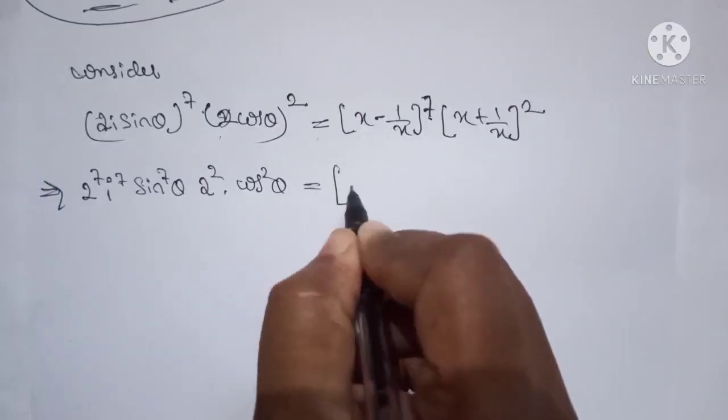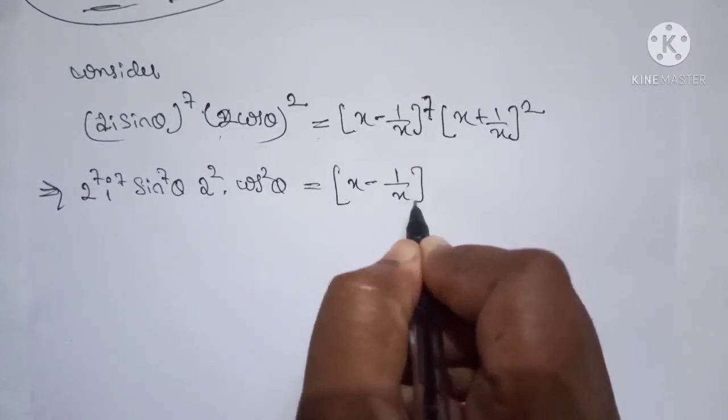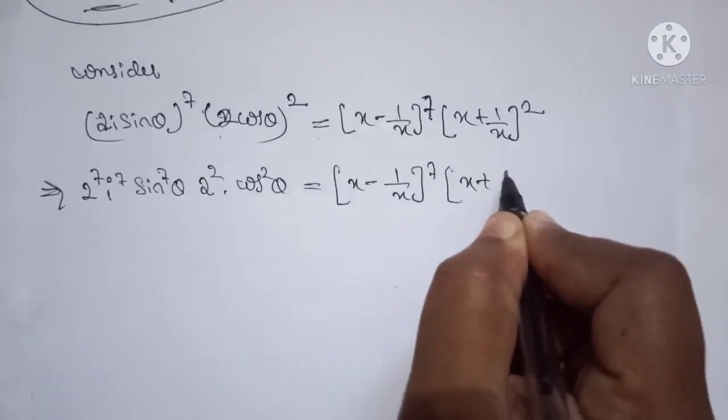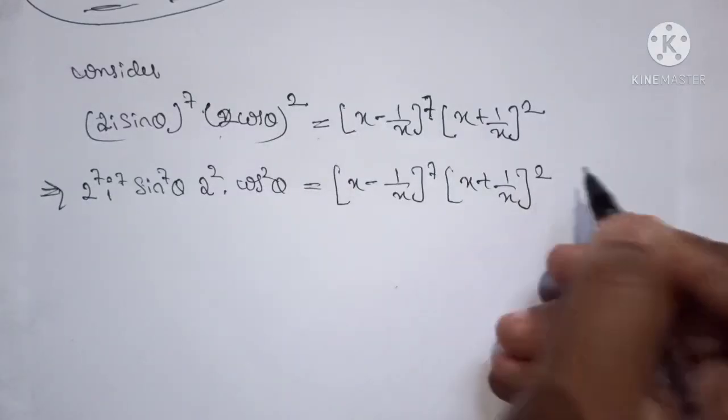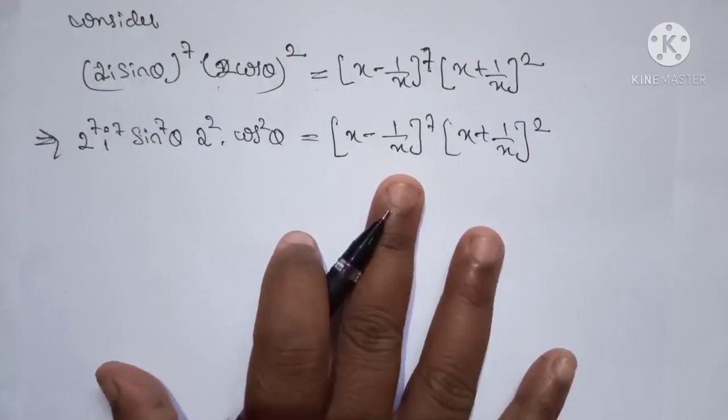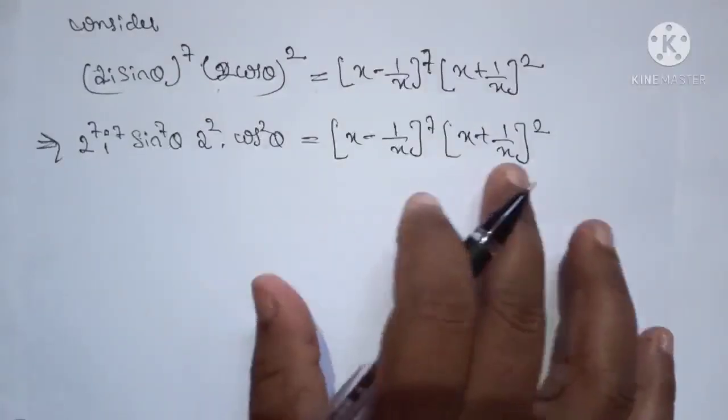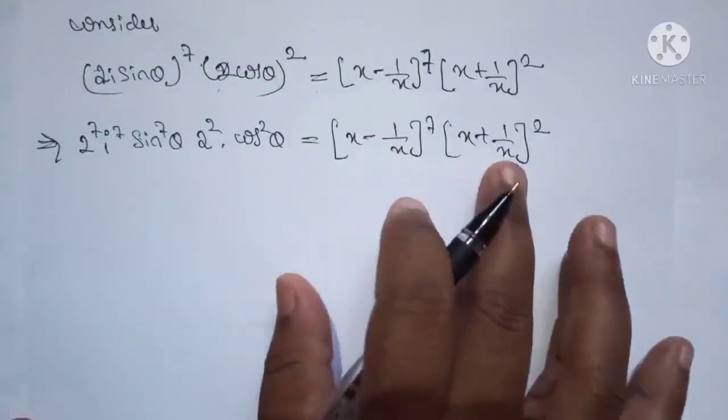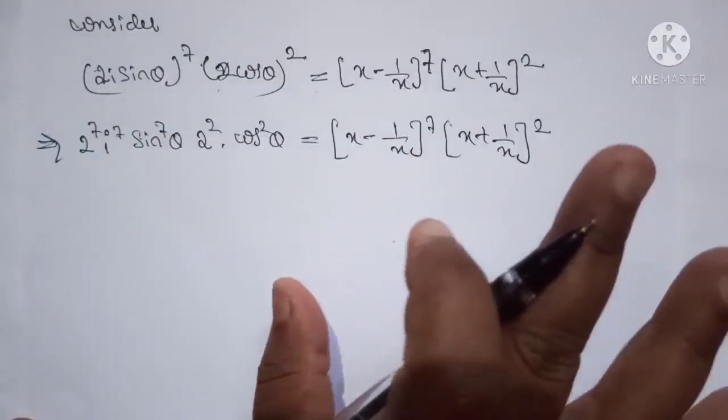First we should write this as it is, x minus 1 by x power 7 into x plus 1 by x to the power 2. Now we can simplify this, that means we can get the coefficients directly by using Pascal triangle.